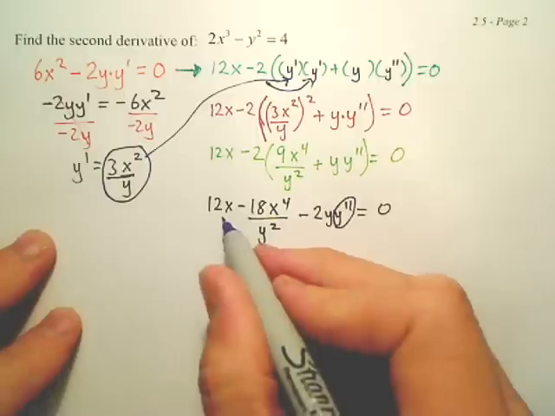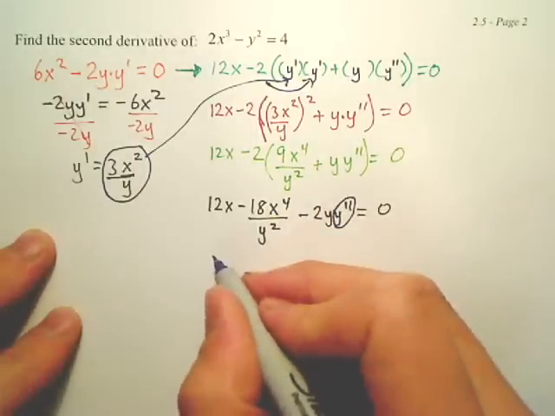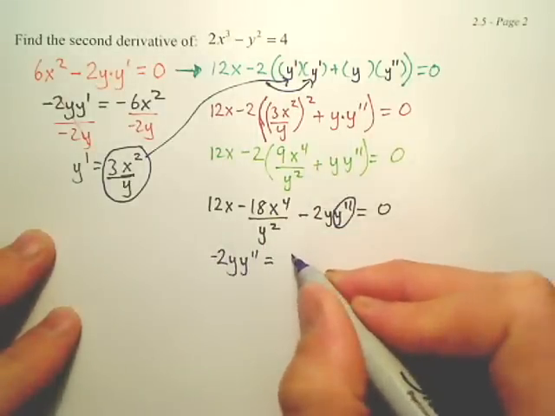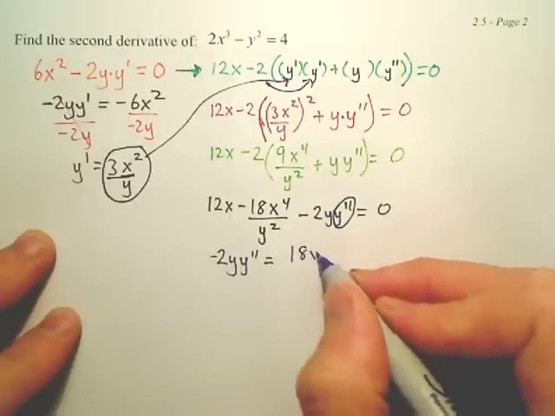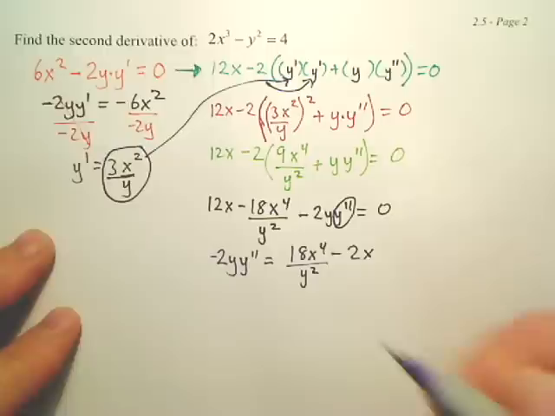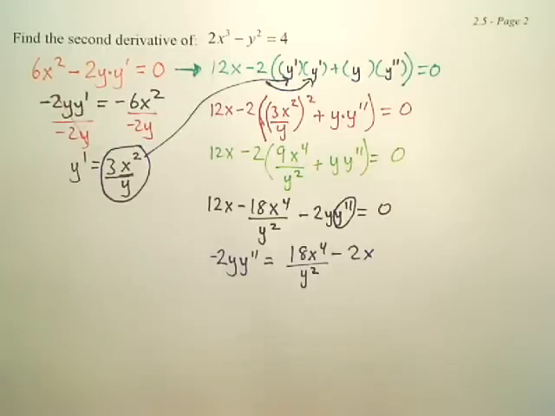So to get that by itself, don't we move all this over? So that's going to be 18x to the 4th over y squared minus 2x. I flipped the signs because when I move it over, they change signs, and I flipped it so it looks kind of better. Thank you, that's 12x. Very good. I can't change that. That's 12x.